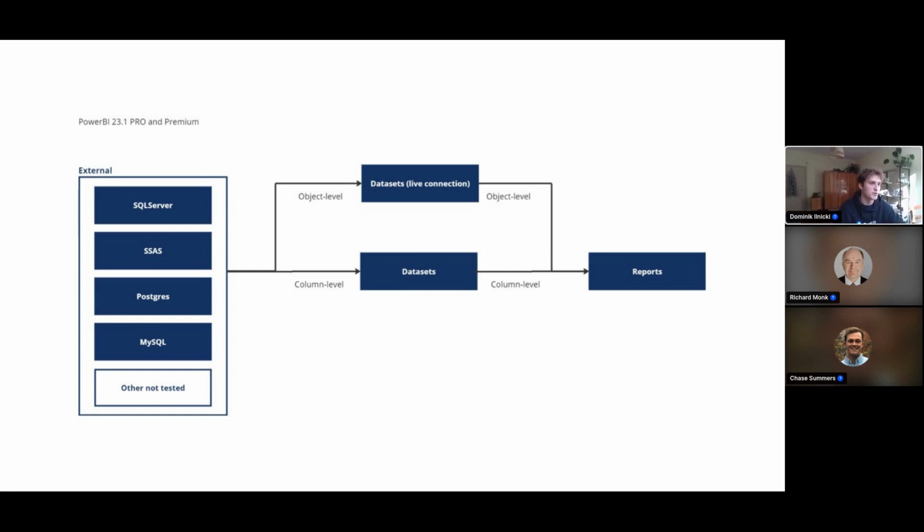We will import data lineage on an object level for data sets that are live connection, and for regular extract data sets, we will show column level lineage and object level lineage as well, obviously.